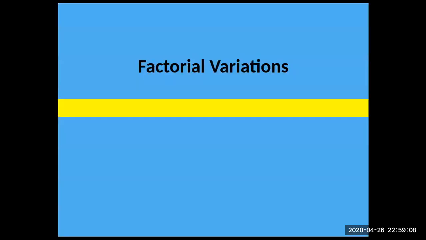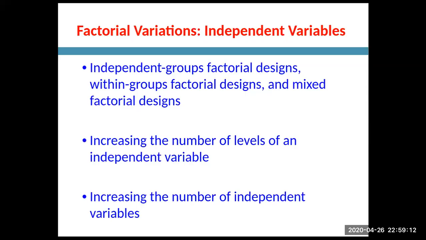There we go. Well, factorial variations. Again, as I just pointed out a few minutes ago, we have 3 different types of potential factorial design. A fully between subject or independent groups, where there are 4 groups and each group only has participants that perform one of those things.